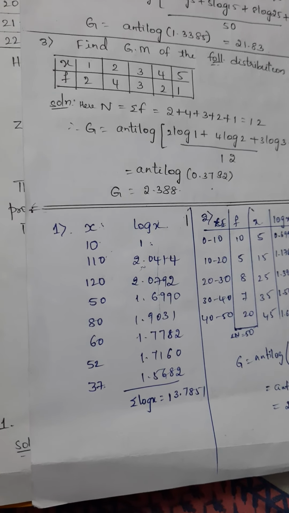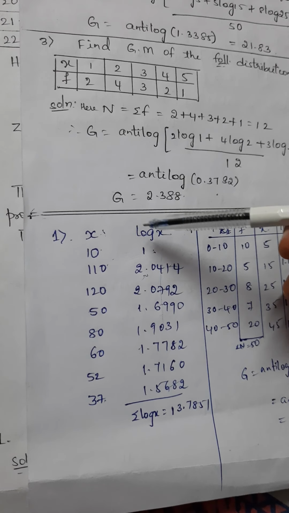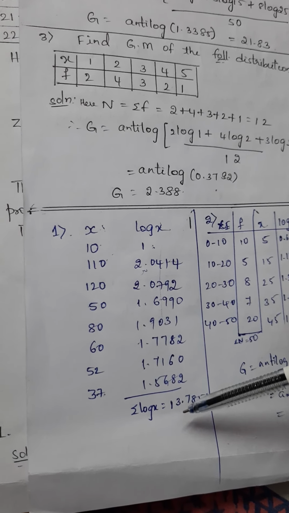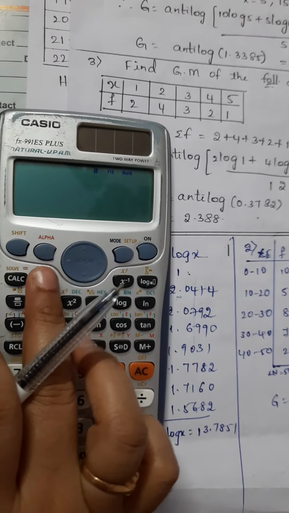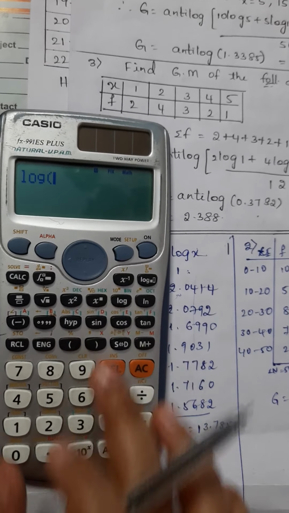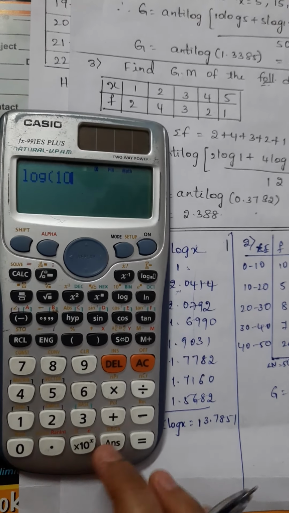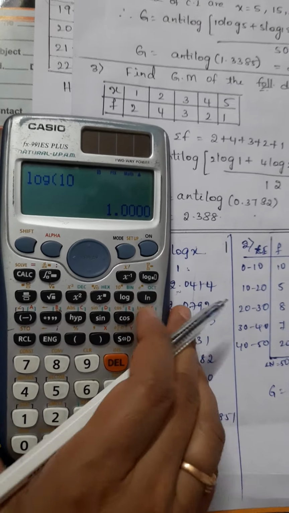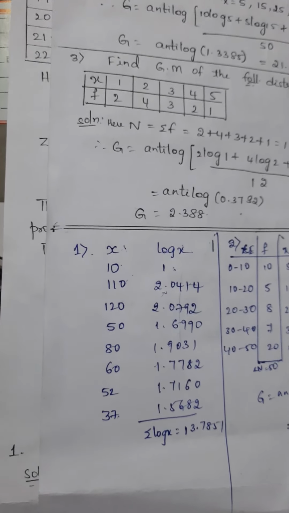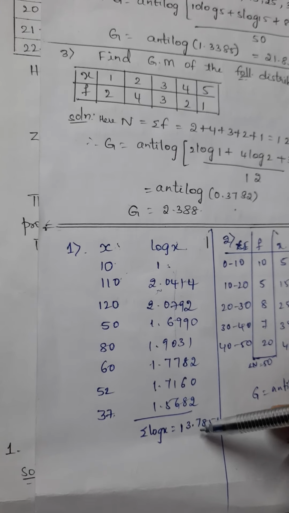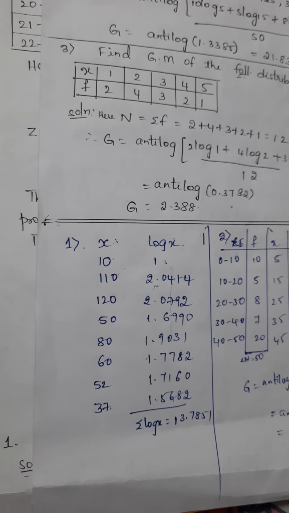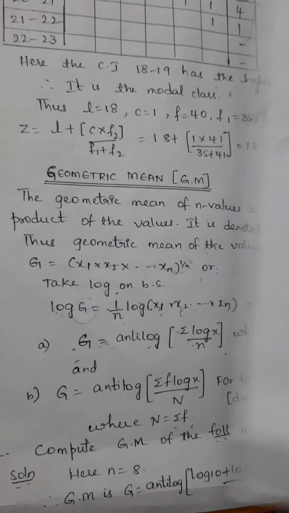Log 37 is 1.5682. Then I'll add all these log values. I'll get summation of log x. I'll show you how to calculate in the calculator. So log 10 is equal to 1. This is how we should calculate the log values. Similarly log 110 etc. Summation of log x value is 13.7851.